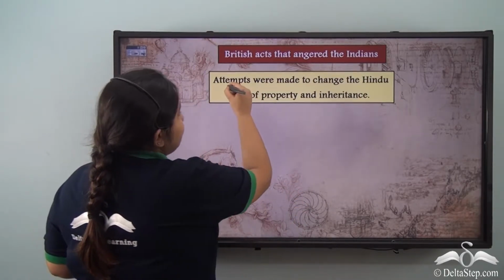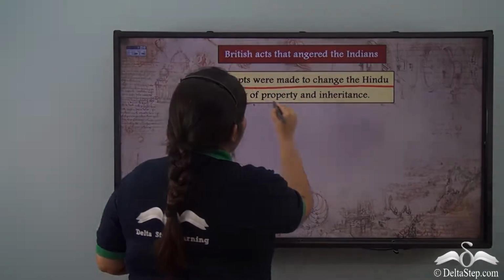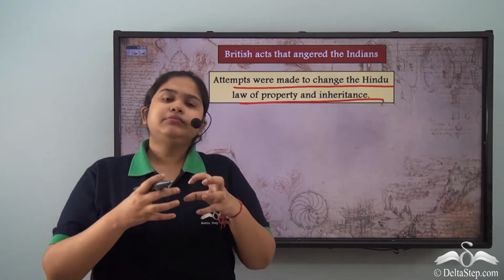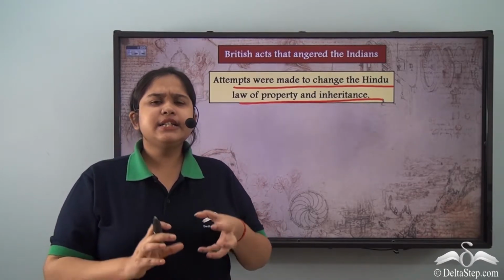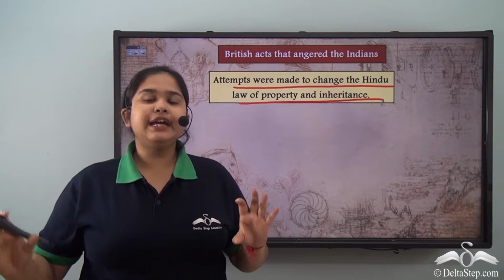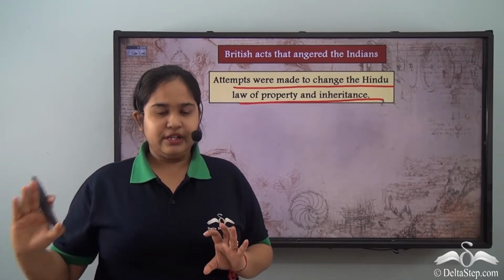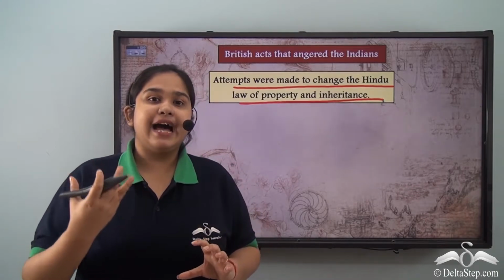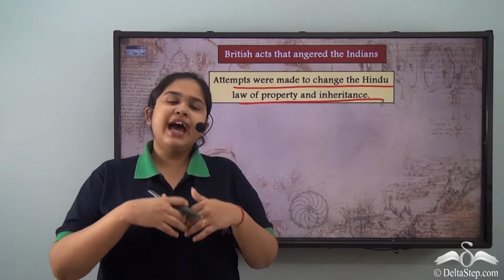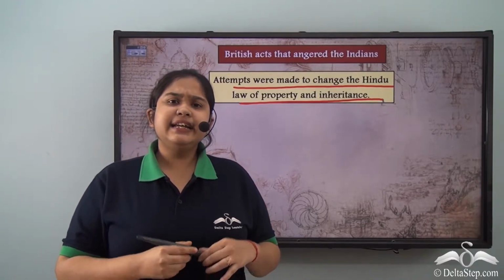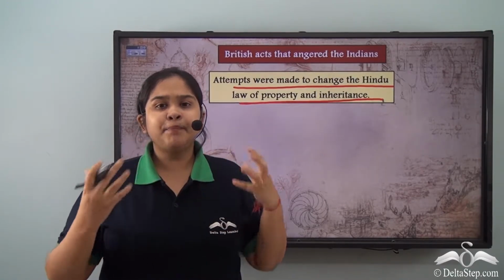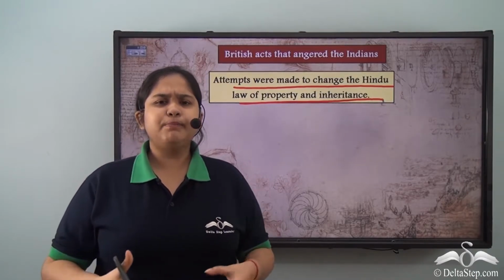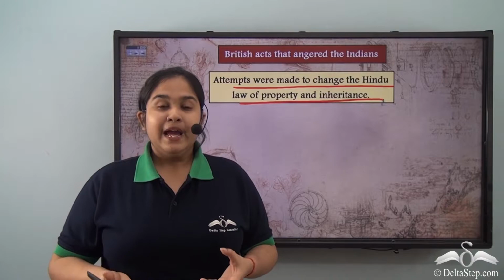So we see that attempts were made to change the Hindu law of property and inheritance. Now here the British colonizers were not only interfering in social policies that were required, but also in religious aspects as well. Now, we have already seen that the Indian subcontinent was a diverse place. So there were many people from many religions living here.